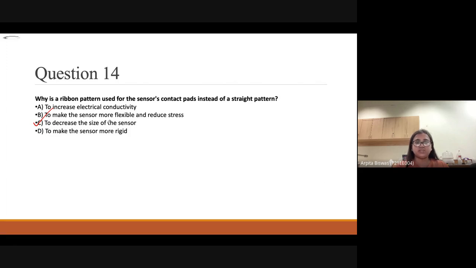Sorry, to make the sensor more flexible and reducing the stress. No, this option is the right option, flexible and reduce the stress.